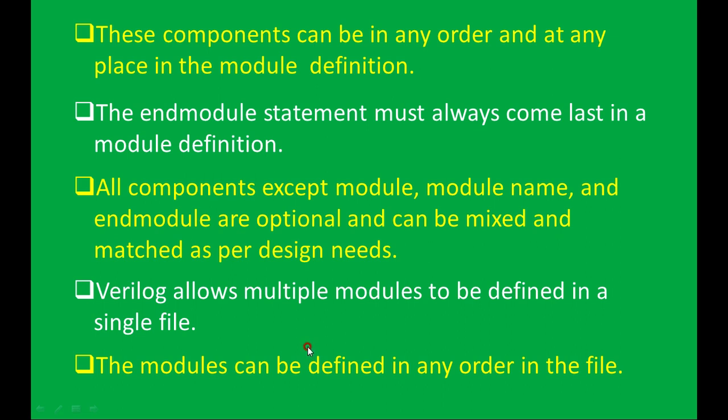The arrangement is done based on the module names that we give. The order in which you write the modules within a single file is not important. You can write in any order that you like.